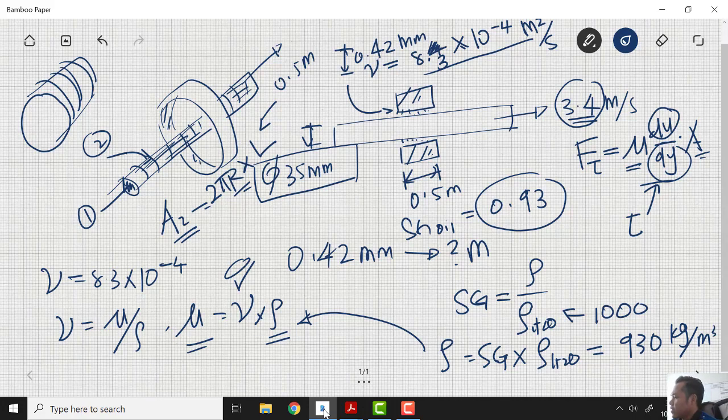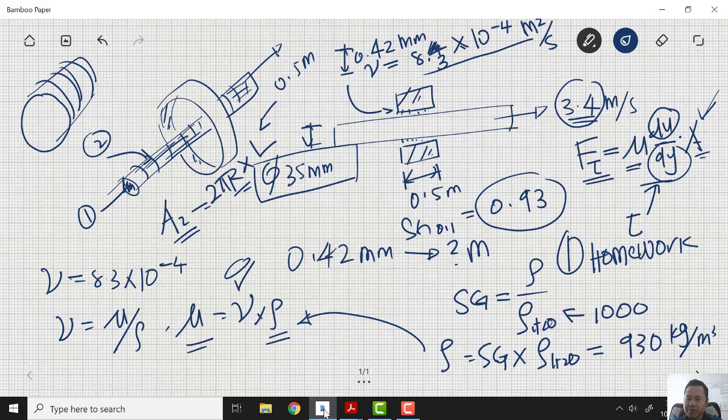And then you can calculate the Ft, which is the shear force. So this is your first homework. Calculate the value of shear force. Okay, all right.